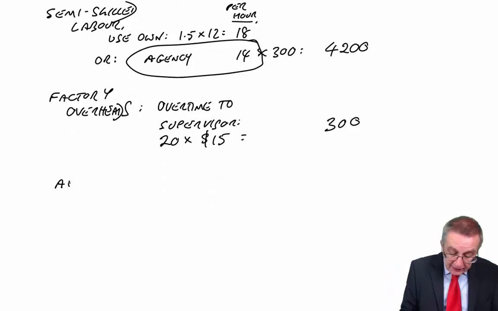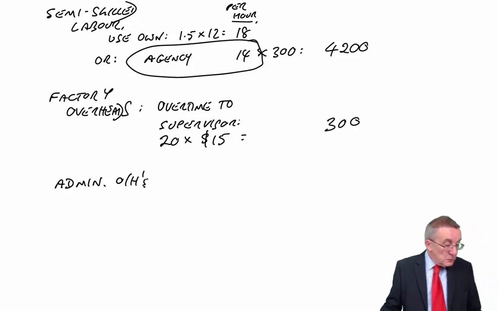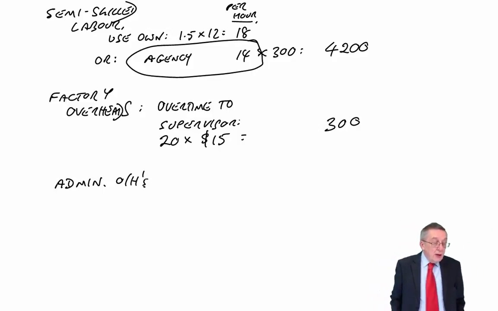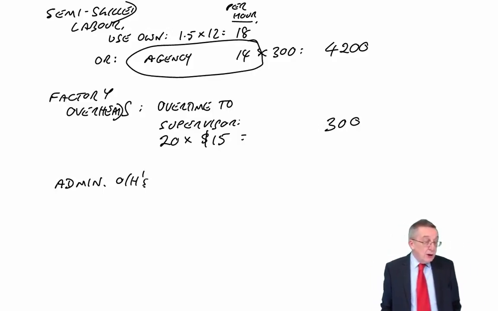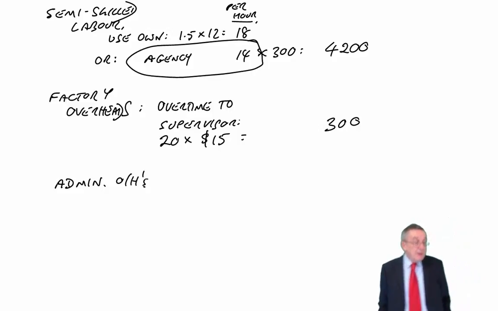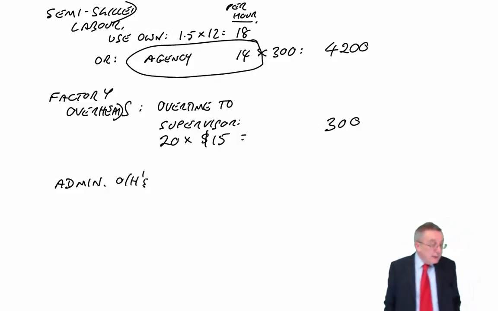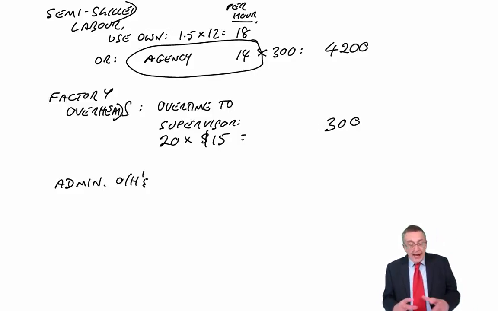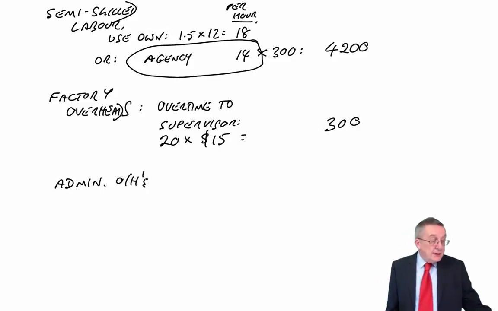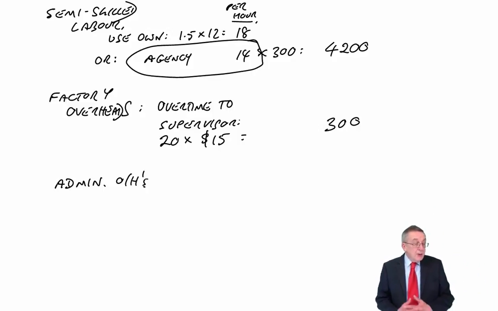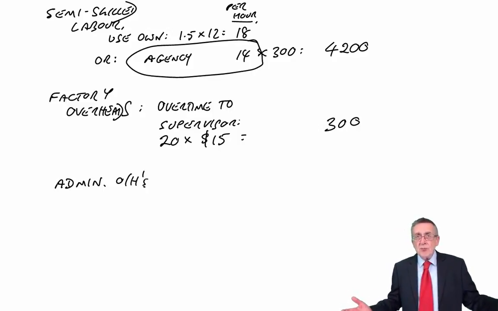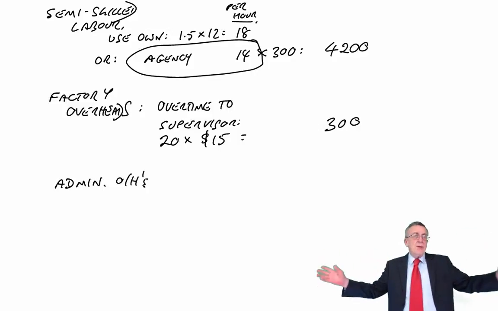Finally, admin overheads. 10% of total production costs. So you can see in that schedule, they've got costs 12,110. Ours will be different, but they've then added on at 10%. But read note 6. It's an apportionment, it's a share of the general admin overheads incurred by HL. So it's the same logic really as I was saying with factory overheads. You see, I don't know what the total admin overheads are for the whole business. But let's just imagine, for the whole business, the overhead's 100,000.